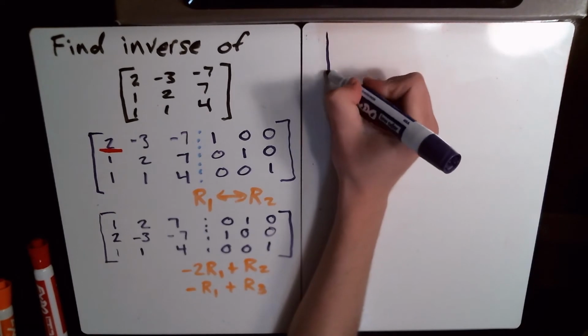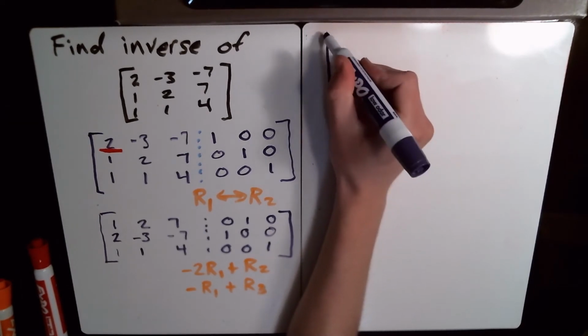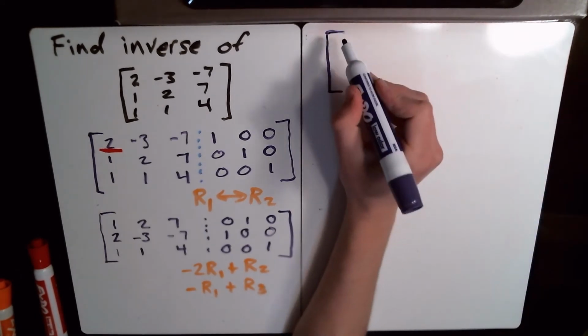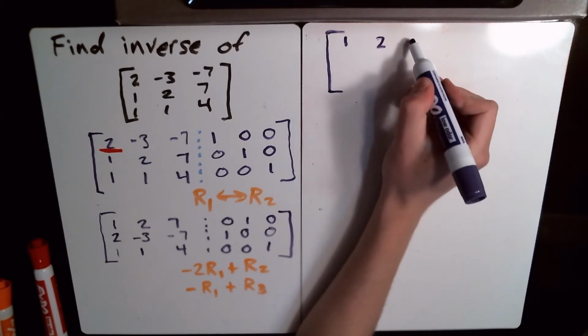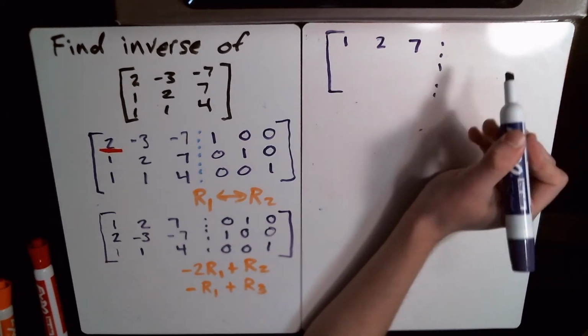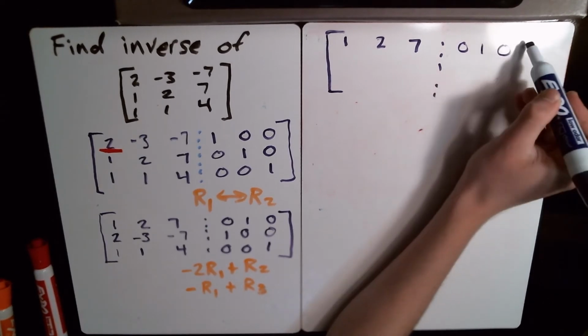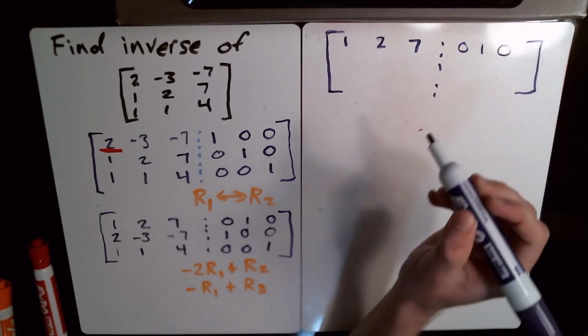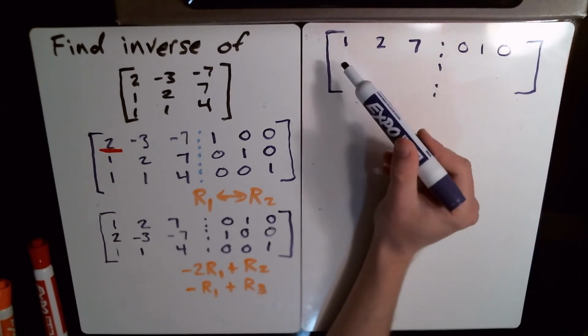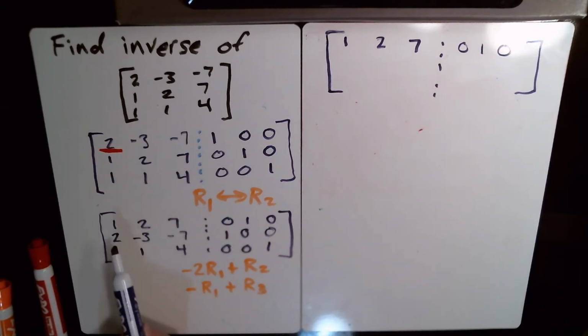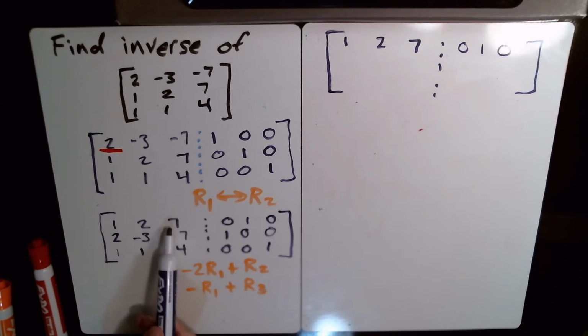Okay, so write this out. We've got 1, 2, 7, the first row doesn't change because we didn't do anything with it. Our second row, we're taking -2 times the first row and adding it down to the second row.